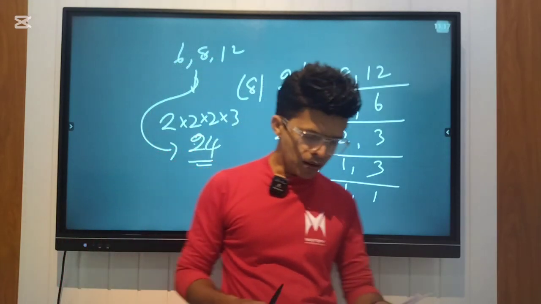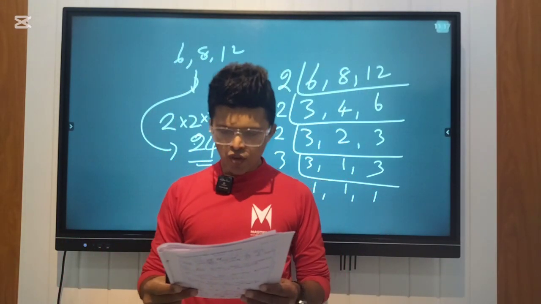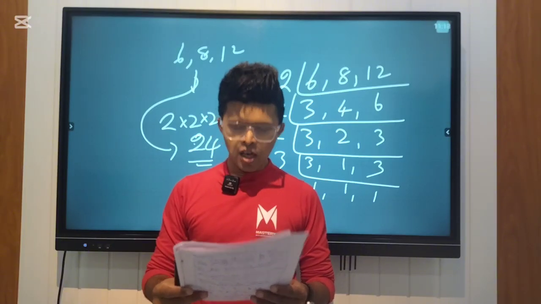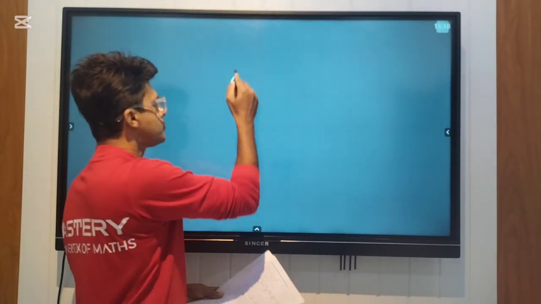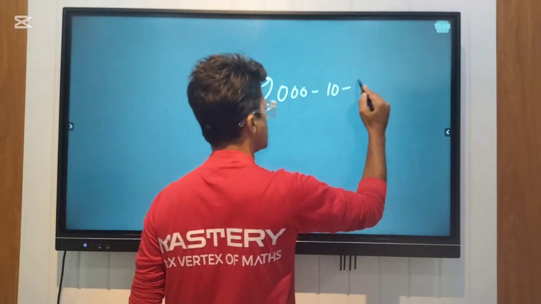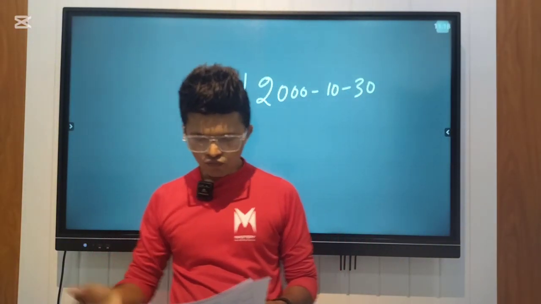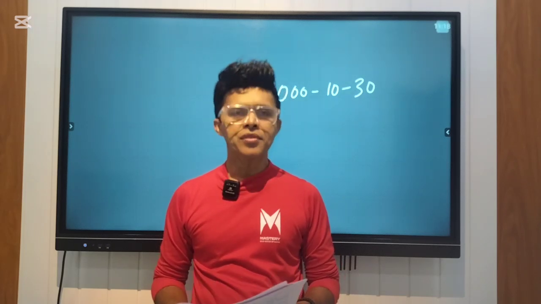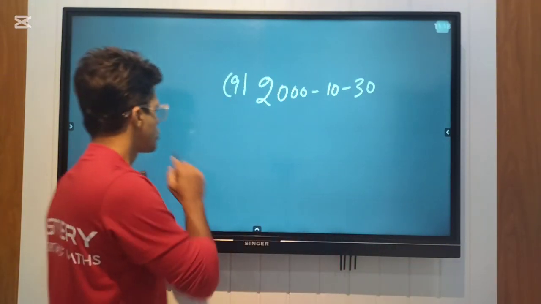Okay. So the 9th question, write the century of the date 30th of October 2000. So what is the century of this date? Really, the 21st century started from 2001.